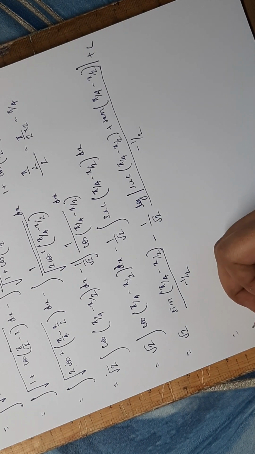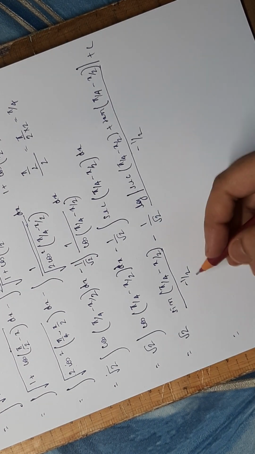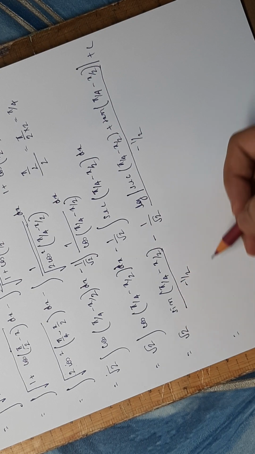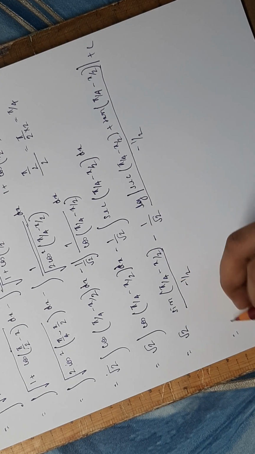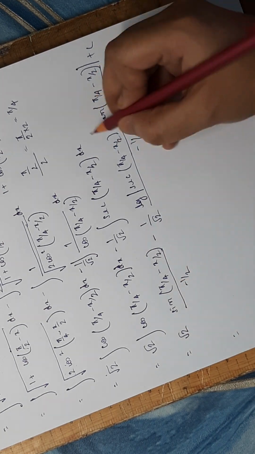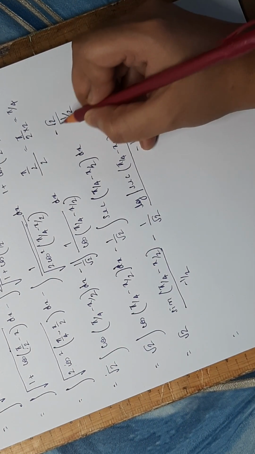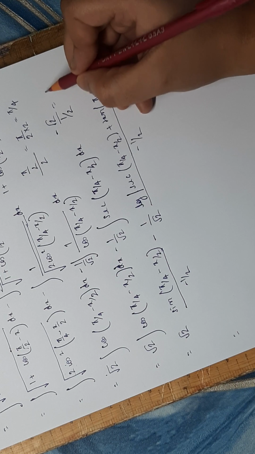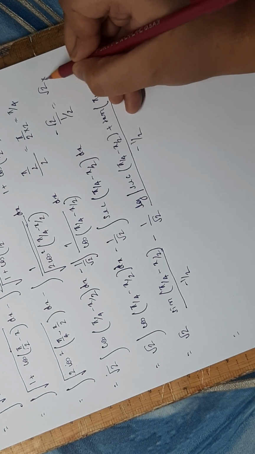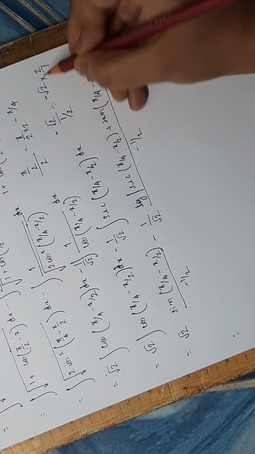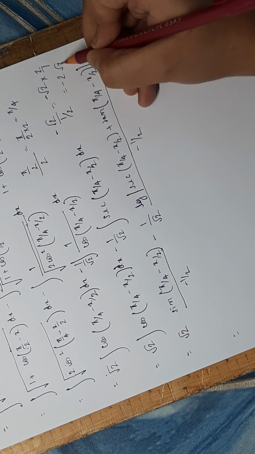Next, ultimately what we will be getting, now this 2 will come in the numerator, because minus root 2 divided by half is nothing but root 2 into 2 by 1, which is minus 2 root 2.